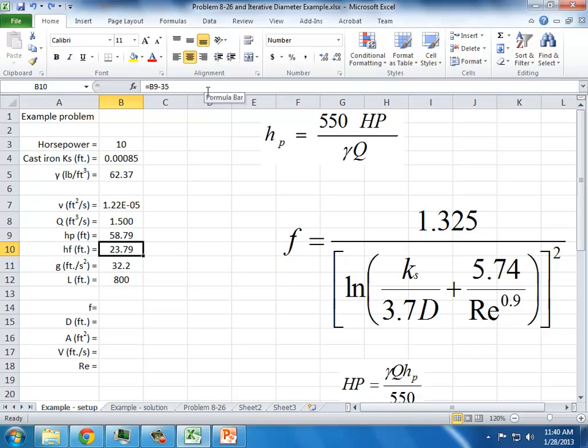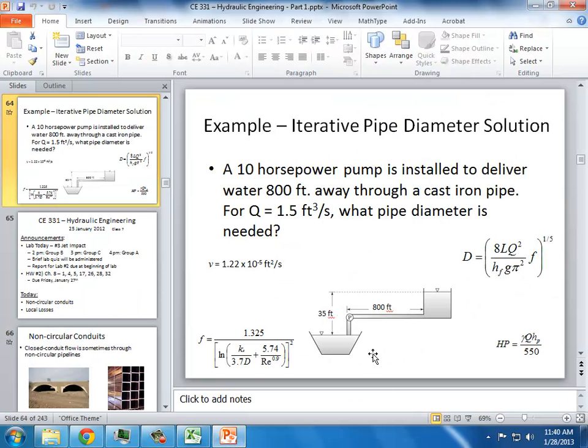And so in this flow situation, we've got a pump, so H sub P plus. So this is the energy equation for the flow scenario. It does include the pump term on the left-hand side. So the elevation difference between the two is 35 feet. And so what I'm saying is that H sub F is the 35 feet.